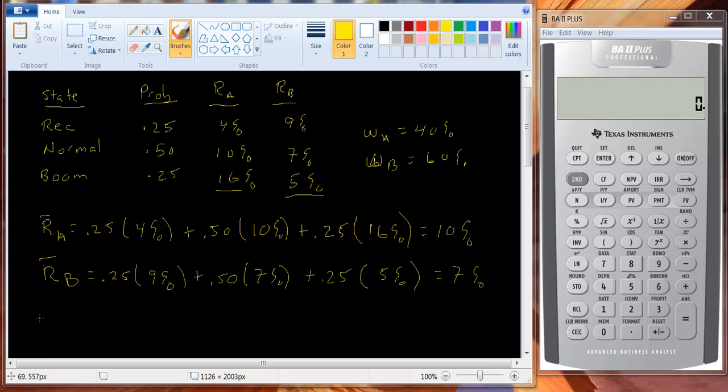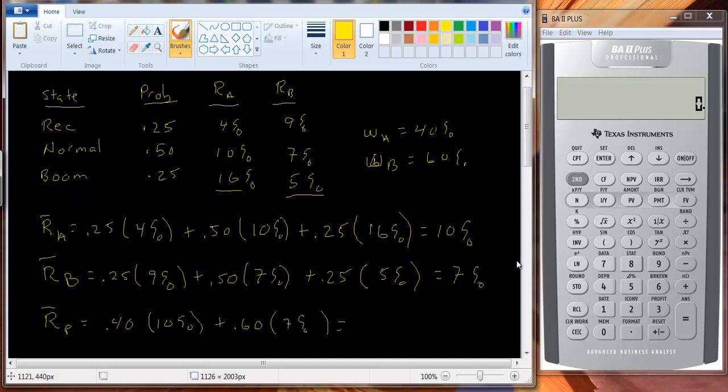The expected return for the portfolio is going to be equal to 0.40 of A times the expected return for A, which is 10%, plus a 60% weighting, which is not really a chance, it's a weighting: 40% weight on the 10%, 60% weight on the 7%.